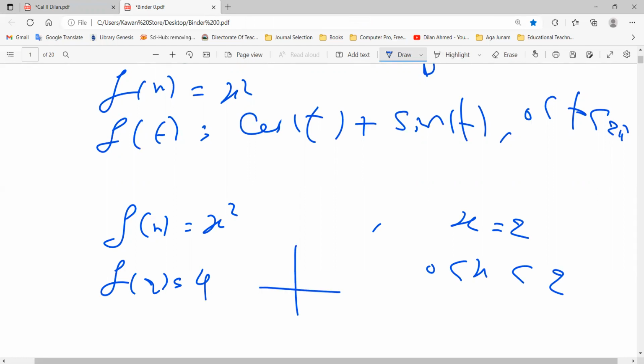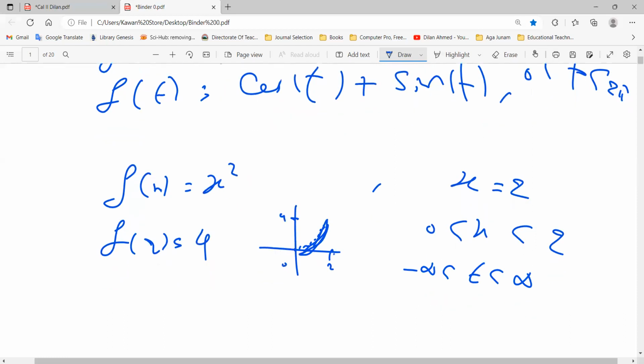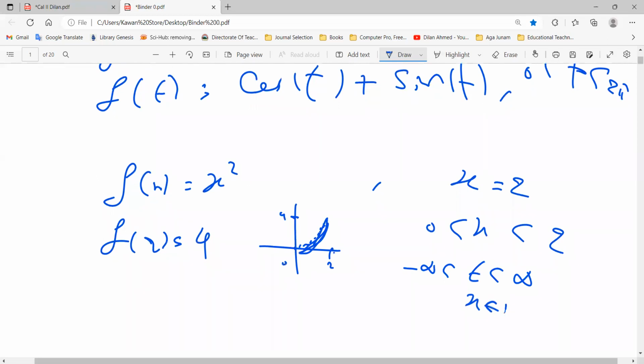I will get many points from here to here. That is a continuation of the things. If you say the car is going between minus infinity and infinity, it means x belongs to R, so we will not stop at any point. We are going here and there without stopping.